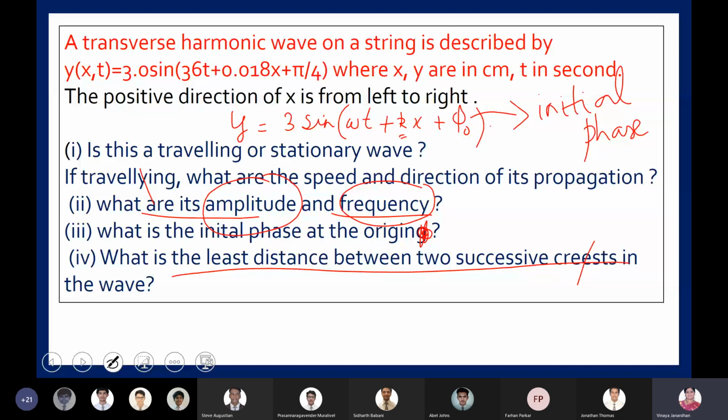The wavelength. They will not give you the value directly. They will just state it. Now start calculating.